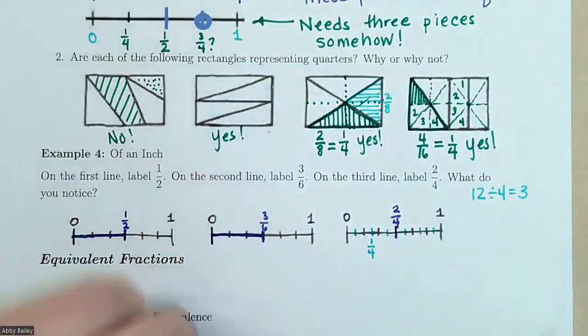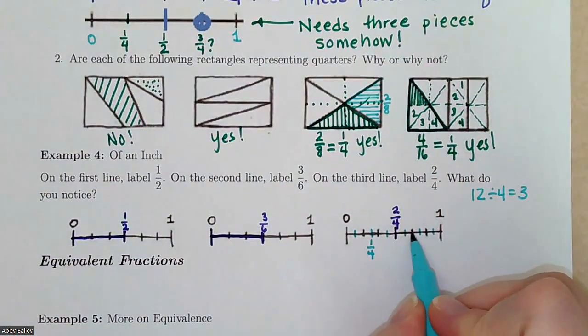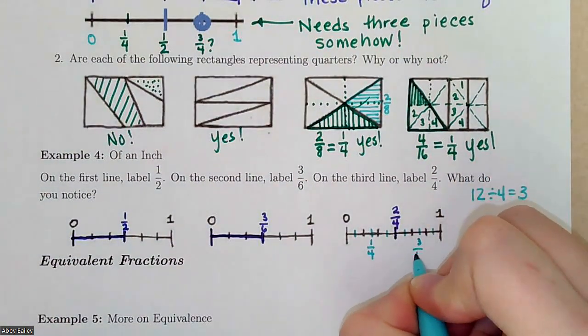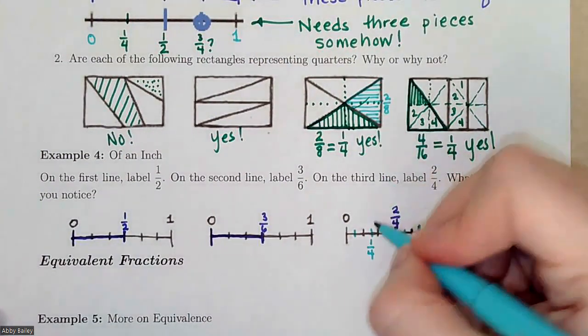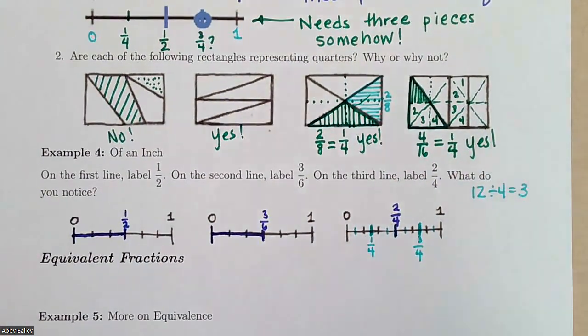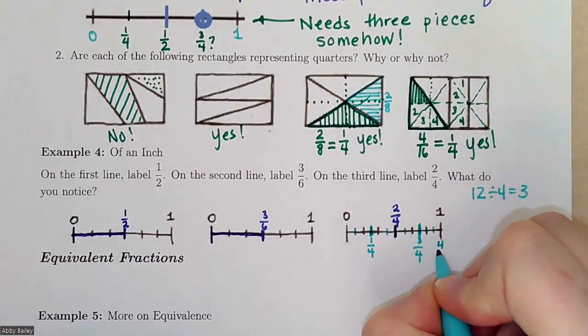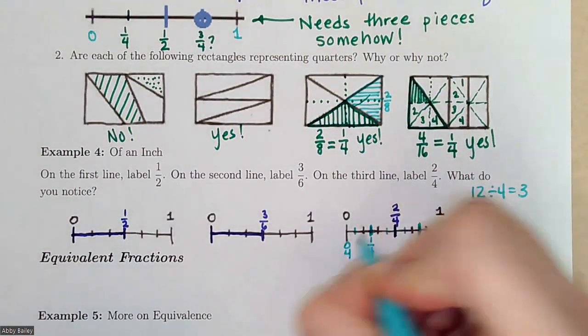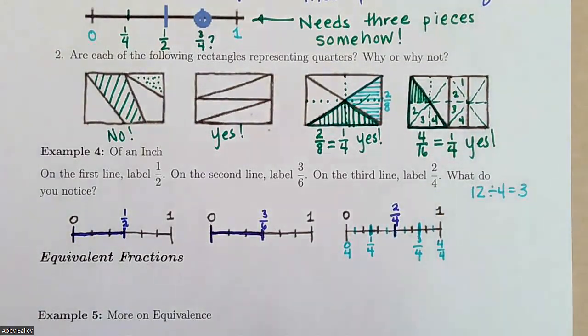Right there. And then I think another 3, 1, 2, 3, this is 3/4. Just to see those quarters jump out at us a little bit more. And then this would be 4/4.